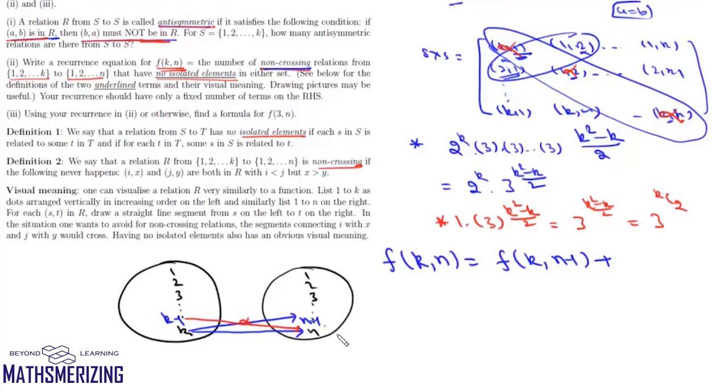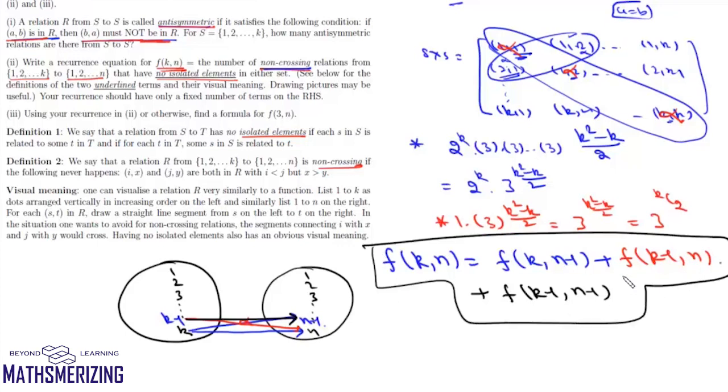Now if this k minus 1 is mapped to n, then this is nothing but F(k minus 1, n). And now finally, this last case, when k is mapped to n and this k minus 1 is mapped to n minus 1, we can write this as F(k minus 1, n minus 1). So we can write Fkn as F(k, n minus 1) plus F(k minus 1, n) plus F(k minus 1, n minus 1), and this is the recurrence relation we need to find.